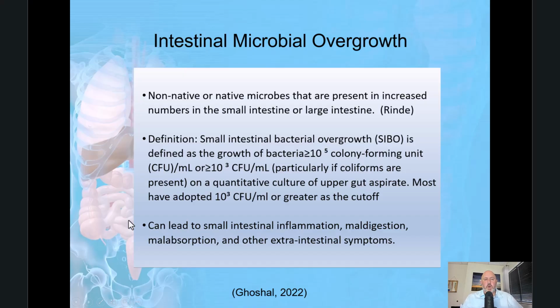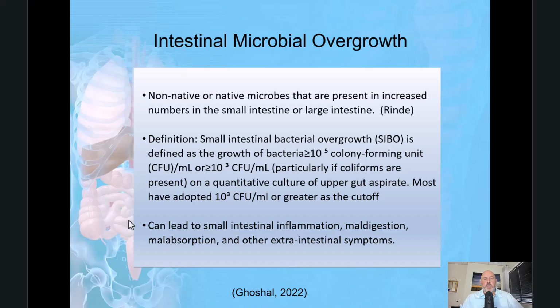Intestinal microbial overgrowth was classically defined by the use of a duodenal aspirate measuring the amount of microbes that were present in the small intestine compared to those that were asymptomatic. SIBO patients were defined by having greater than 10 to the third colony-forming units of microbes per mil in the upper intestine.